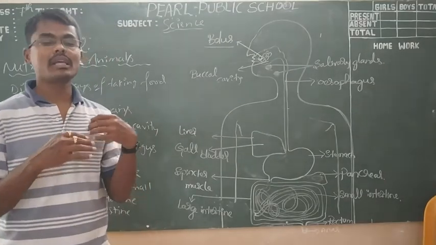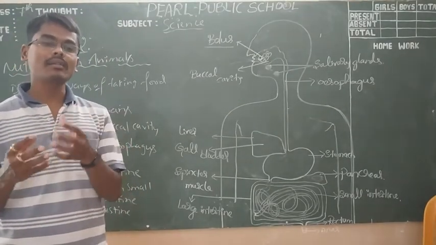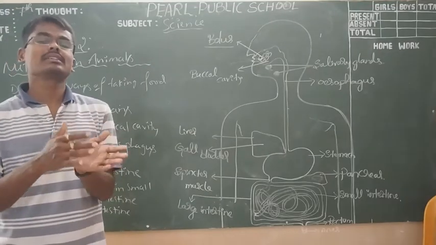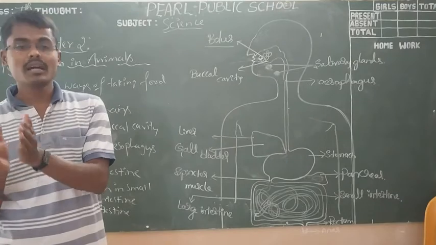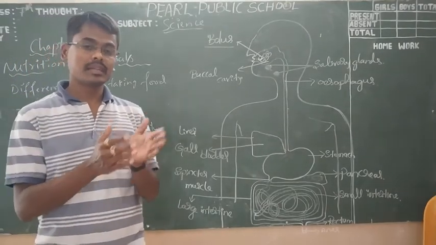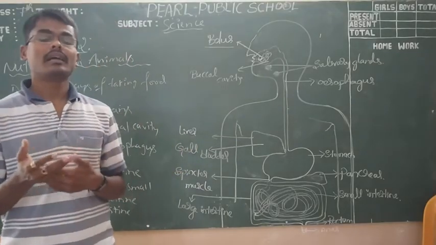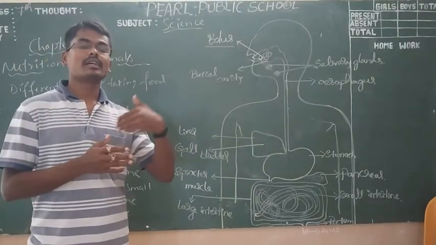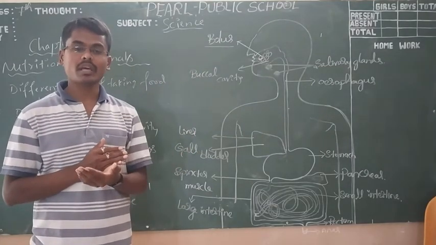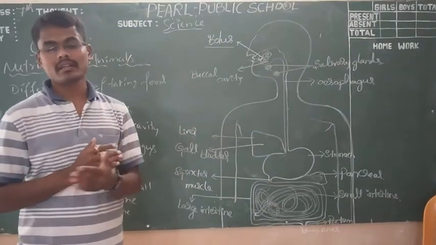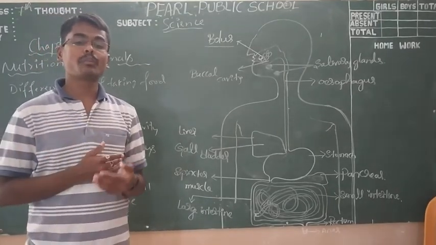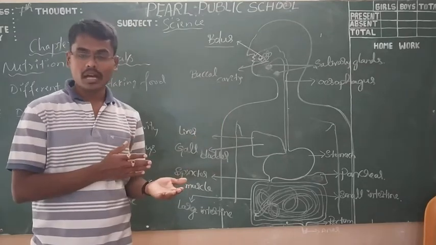The partially digested food completely gets converted into digested food. When we take sugars, they are broken into simple compounds. If you have taken fat, it can be converted into glycerol and fatty acids. When we consume proteins, they get converted to amino acids.